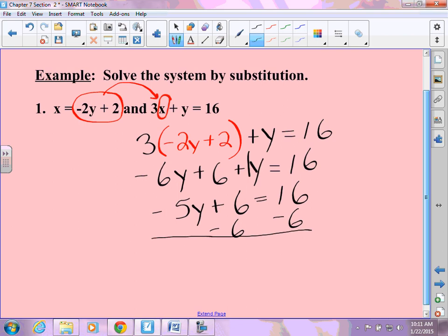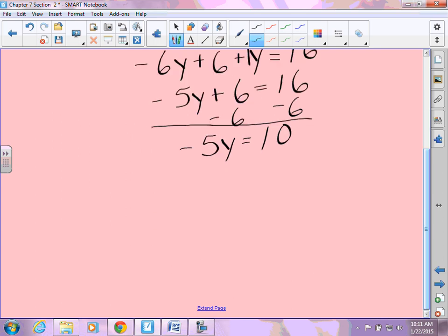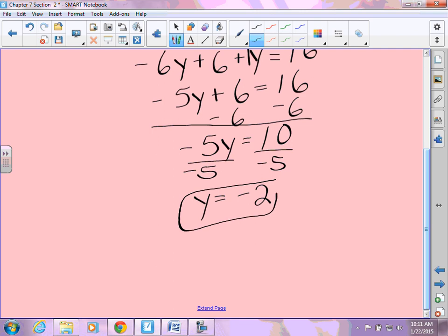Got to make sure to write it down. So I get negative 5y equals what? 10. Very good. And then I divide by negative 5. y gives me negative 2. Now, I'm checking to see where these two lines intersect. Did I find that?